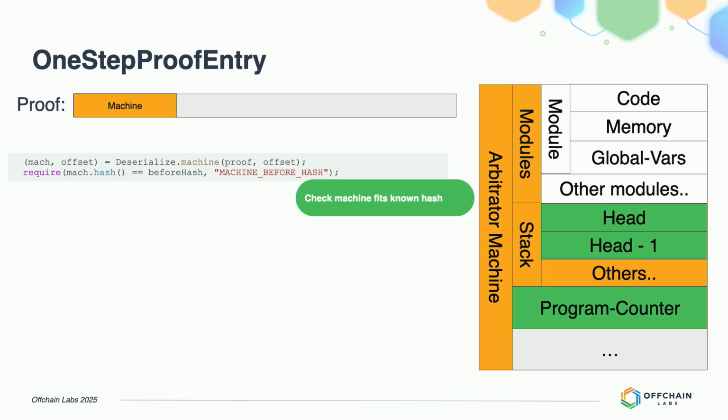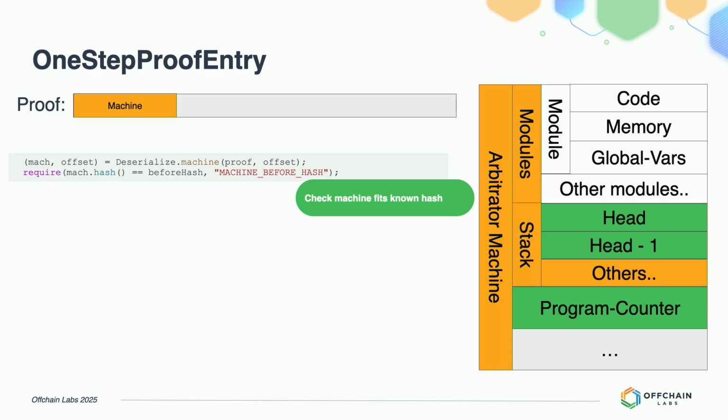So the proof that the one-step proof entry accepts, that large byte array, the first part of it will be the serialized machine. So it will be a byte array that Solidity deserializes into an arbitrator machine, right?